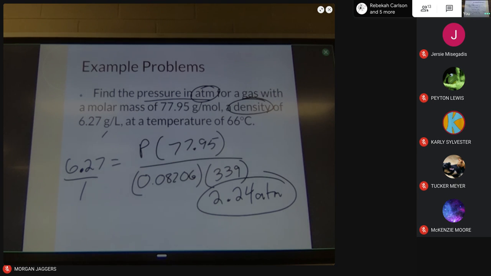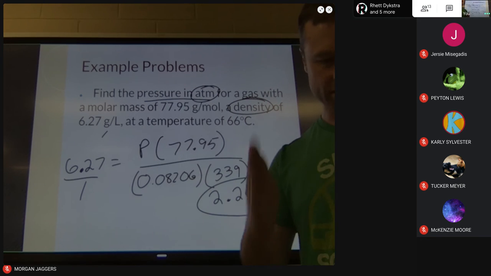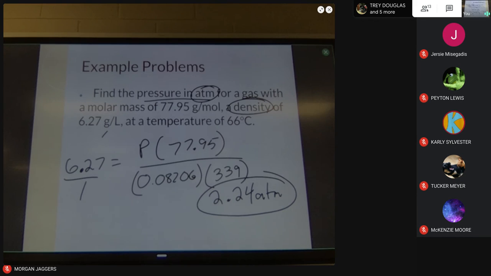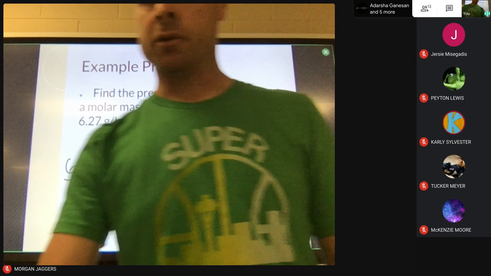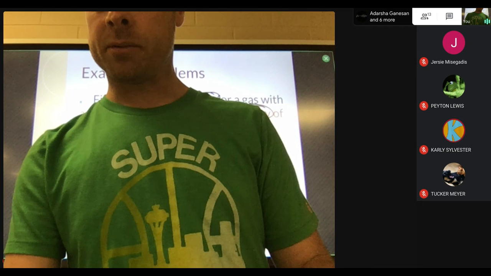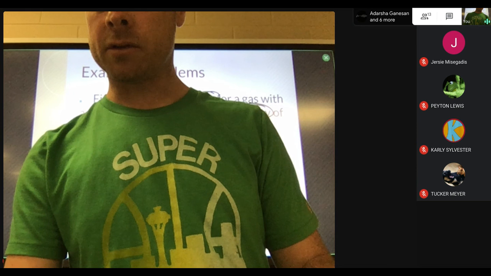That's going to be our goal for today's assignment. Like I said, all this stuff is due next Tuesday. I'm just trying to condense things and give you guys time to get it done. All right, I'm going to stop recording.